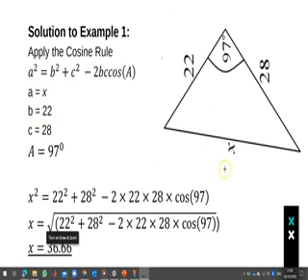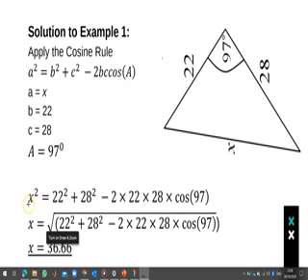Let's say this side is A. We say that x squared is equal to the value of b, which is given, 22 squared plus 28 squared minus 2 times 22 times 28 cos the angle 97. So this is given here.